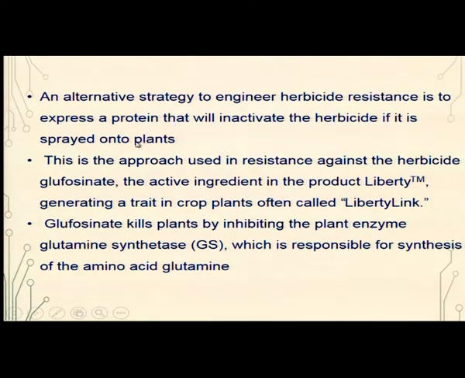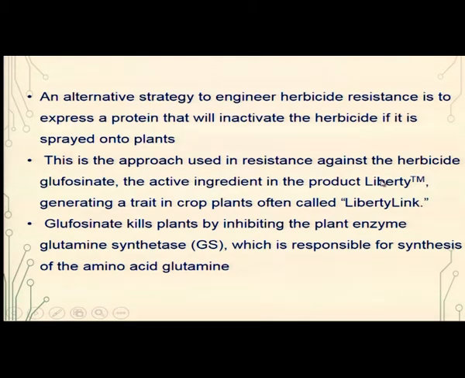A second strategy to engineer herbicide resistance is to express a protein that will inactivate the herbicide if it is sprayed on the plants. So one, engineer an enzyme so that the pathway gets modified, or two, express a protein in the plant so that even if the herbicide is sprayed, it becomes inactivated because the protein will degrade it.